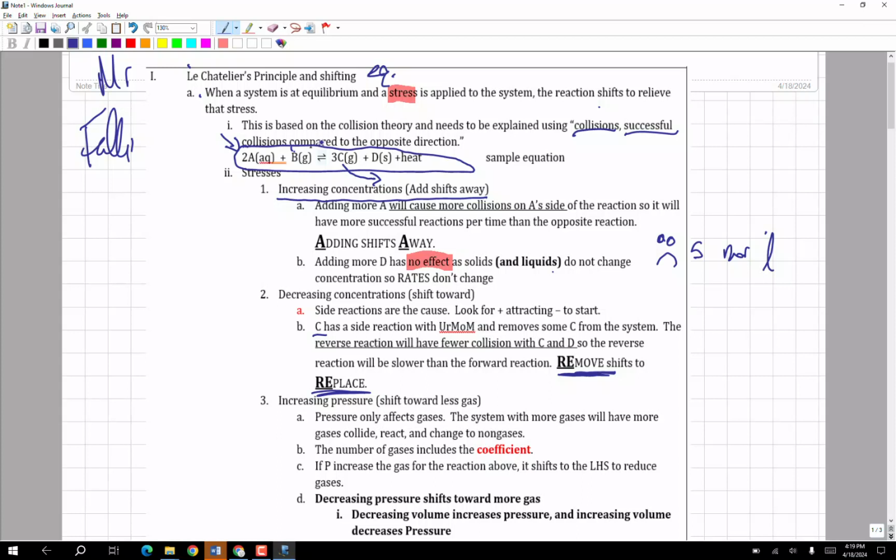So this is going to shift towards the thing you lost. If I remove C, it will shift to the right-hand side to replace it. Remove C shifts to the right-hand side, and it replaces the lost C.